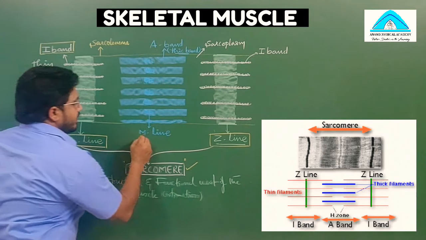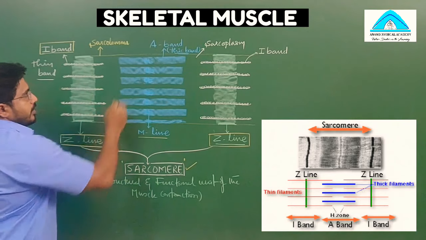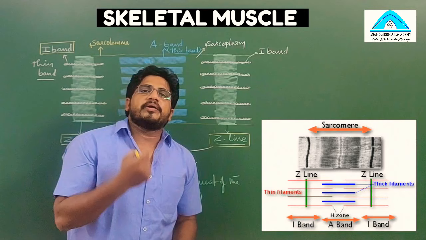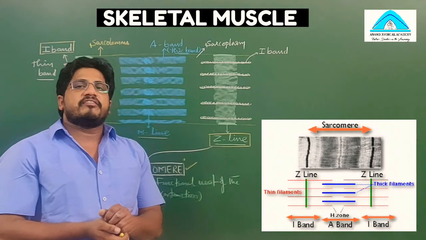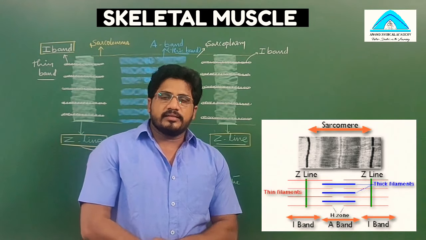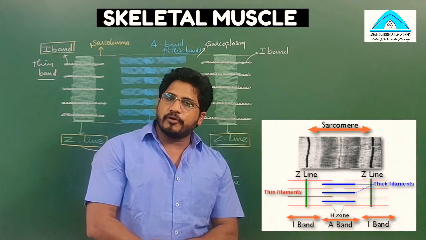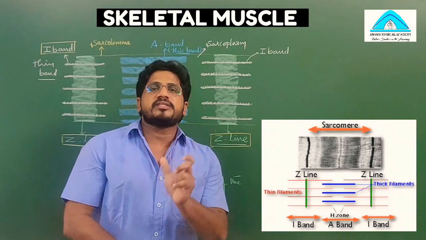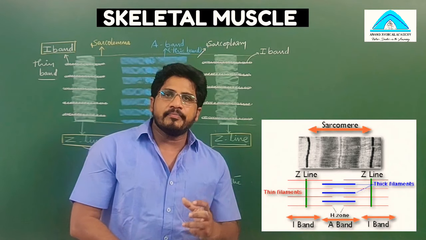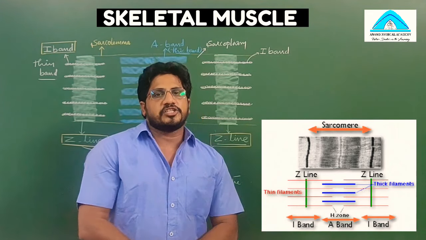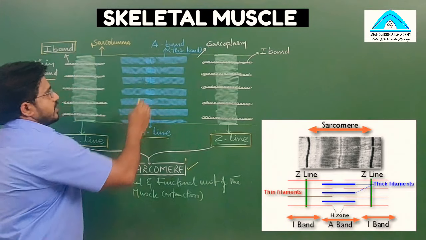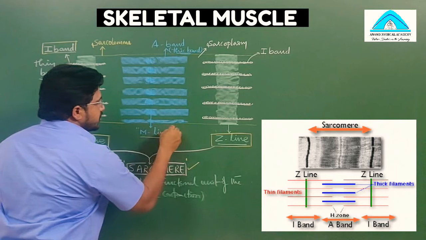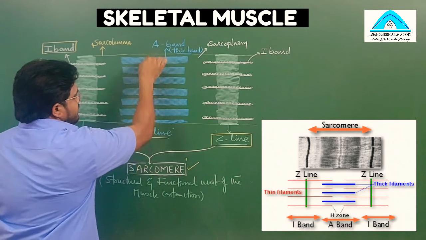What is the M line? Actually, the A band is made up of myosin protein. In the last session, I gave the proteins present in the muscles: actin, myosin, troponin, tropomyosin, and so many others I have listed. Myosin is a protein which helps in contraction and relaxation. That protein is present in the entire A band, but the depositions are more at the center.